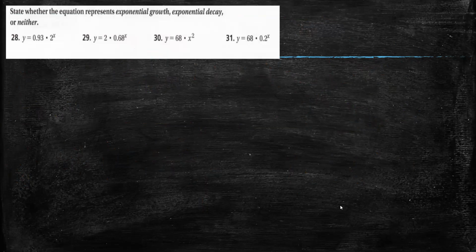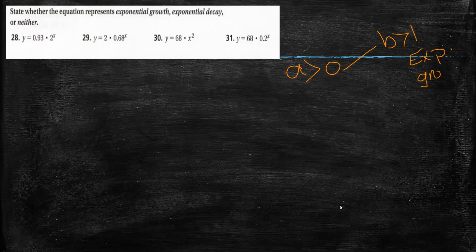If A is greater than 0 and B is greater than 1, it will be exponential growth. And if A is greater than 0, but B is greater than 0 and less than 1, you will say it's an exponential decay.